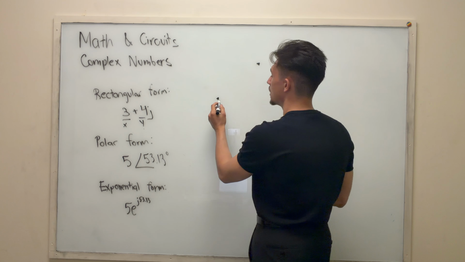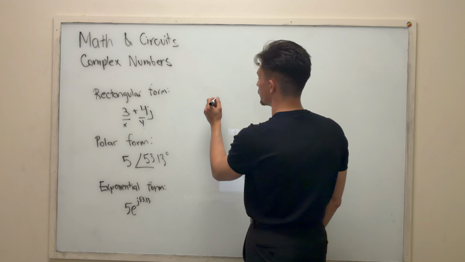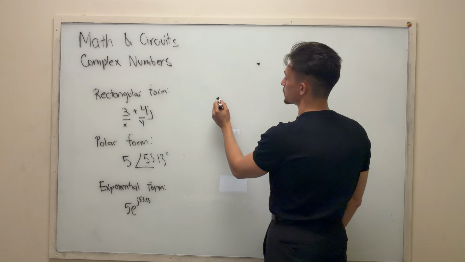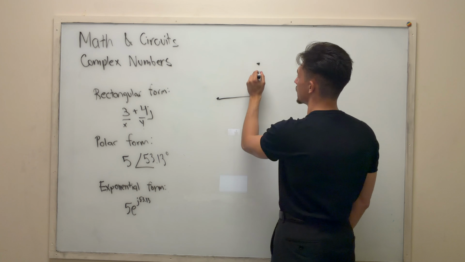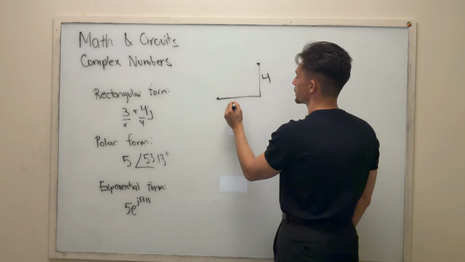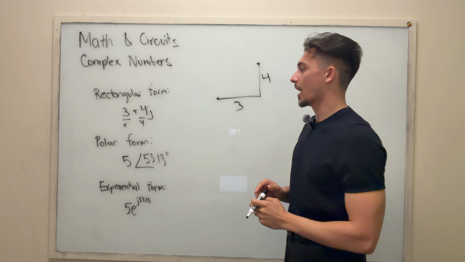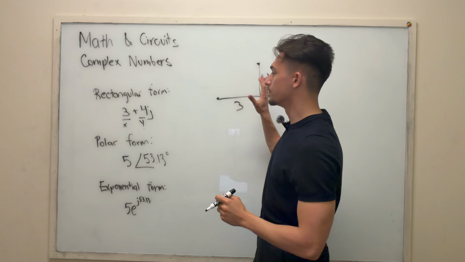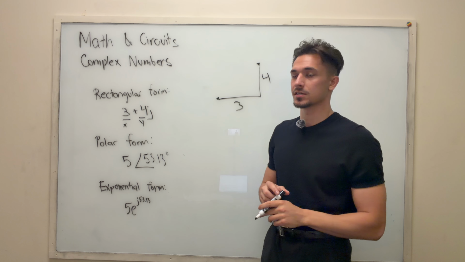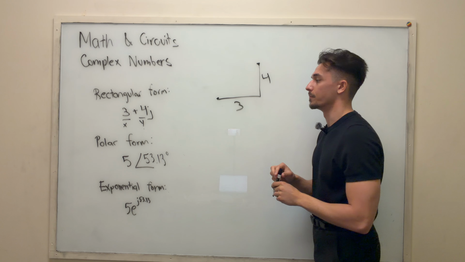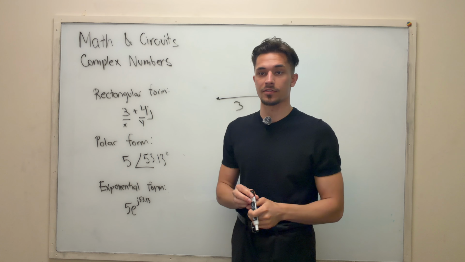What we're saying is that the distance to get from point A to point B in this case would be 3, and then to get there is 4, right? Now, what we also want to know is how do we go from A to B in a much shorter distance, and also the direction we'll be facing to get there.